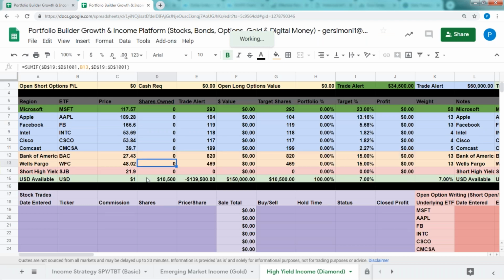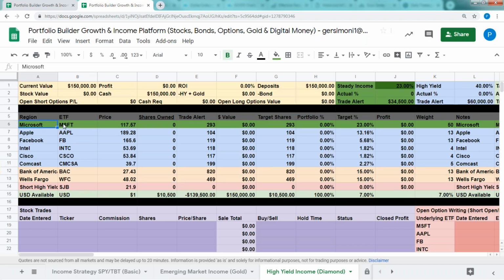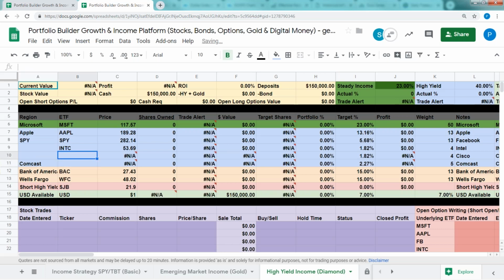All right. We want to keep Microsoft? Yes. Keep Apple? Yes. What do you want to replace Facebook with? SPY. Do you want Intel? None of those next 3. Okay. And banks?